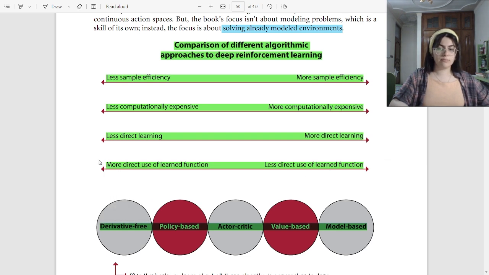In model-based, for example, we have more sample efficiency, more computational expense, more direct learning, and less direct use of the learned function. And as we go from model-based to derivative-free, we have less sample efficiency, less computational expense, less direct learning, and more direct use of the learned function.